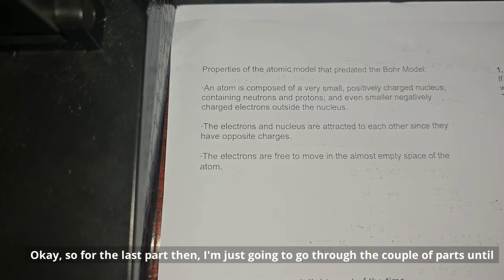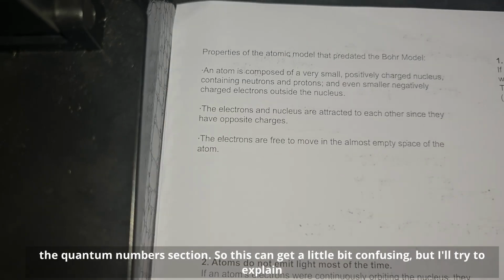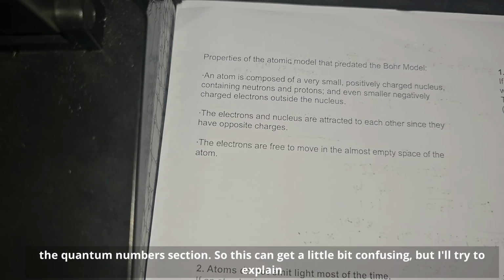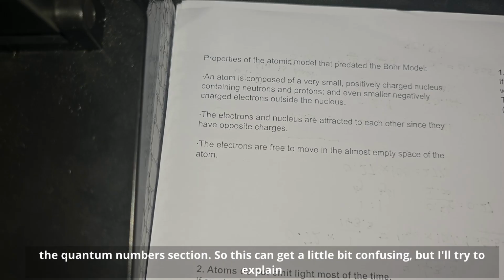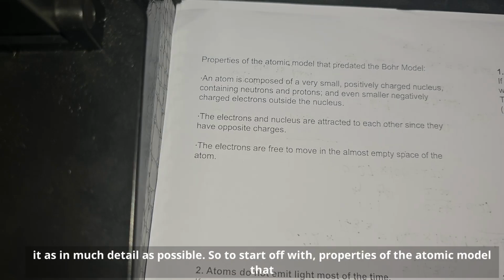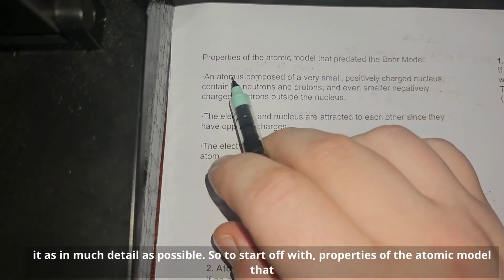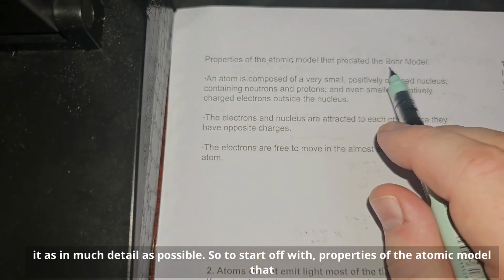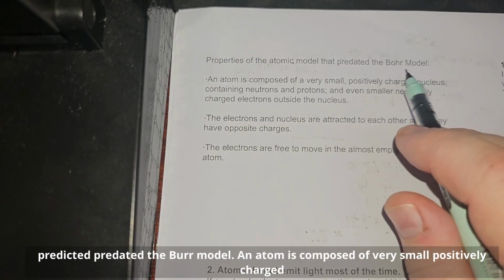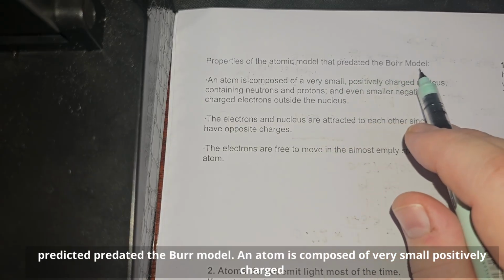Okay, so for the last part then, I'm just going to go through the couple of parts until the quantum numbers section. So this can get a little bit confusing, but I'll try to explain it in as much detail as possible. So to start off with, properties of the atomic model that predated the Bohr model.